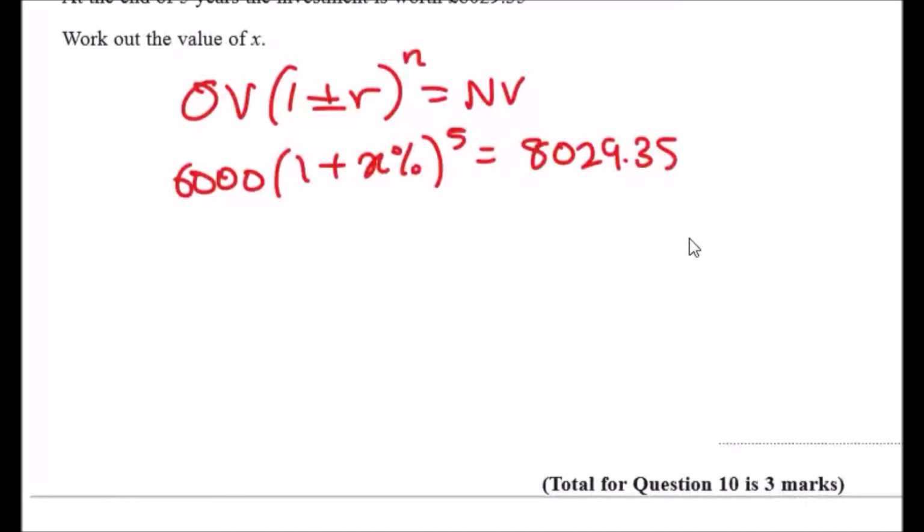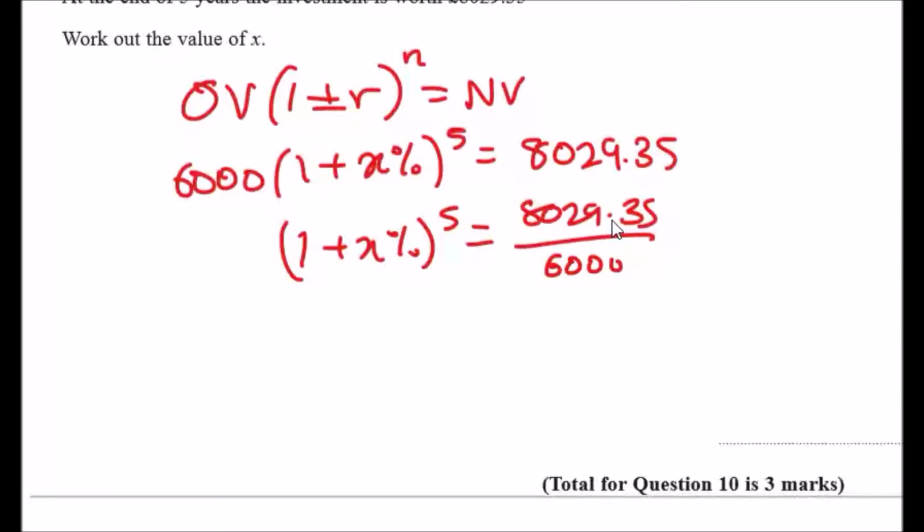So all you want to do is solve this literally algebraically. So just find the value of X%. Let's do this. So first things first, let's divide by 6,000 across. So we're going to have 1 plus X% all to the power 5 equals 8,029.35 over 6,000. We can solve this as we go. Next, we want to get rid of the fifth root, so cross this out and find the fifth root.